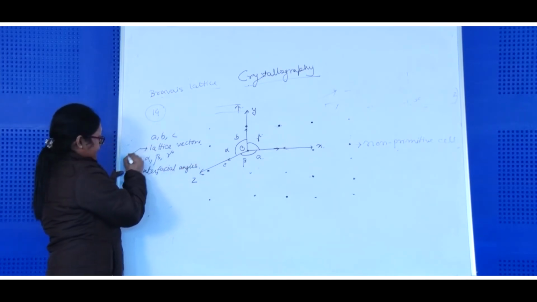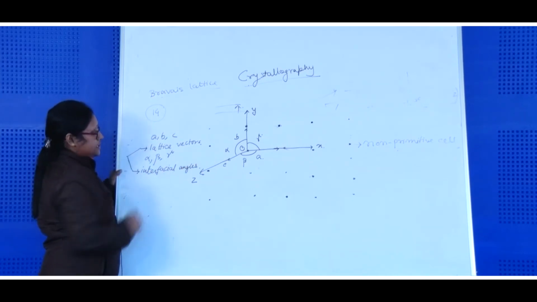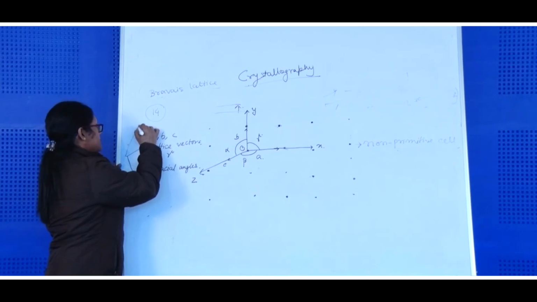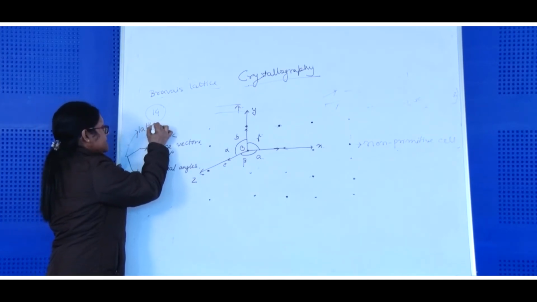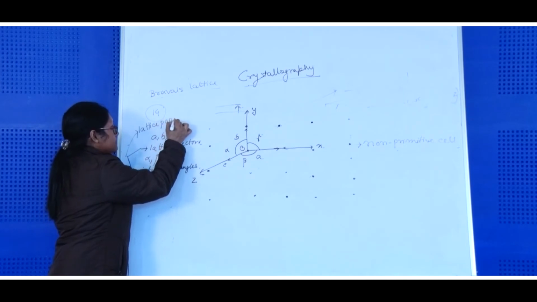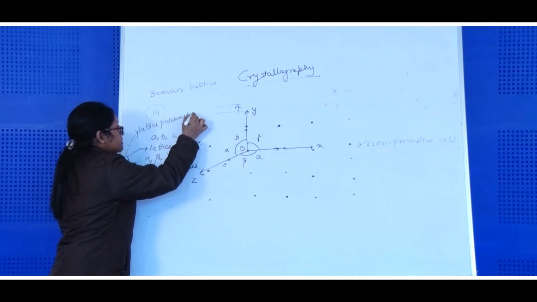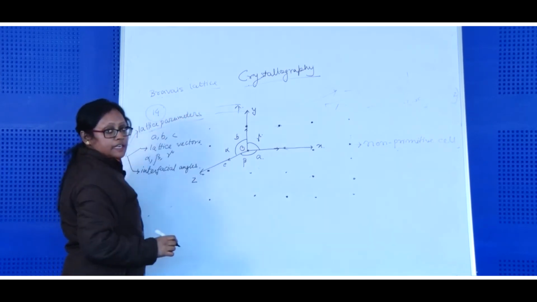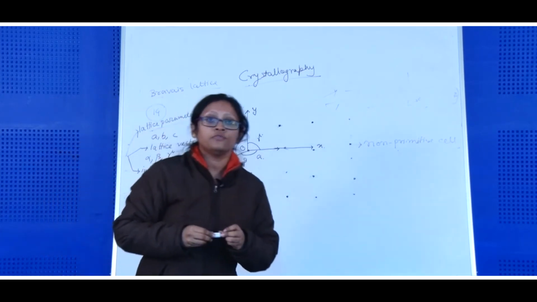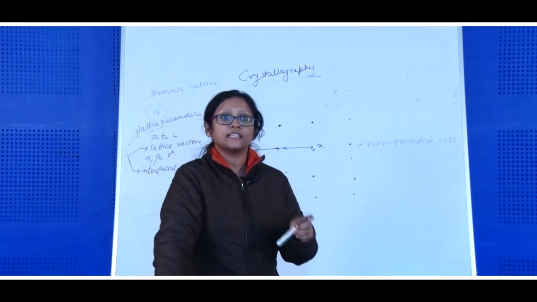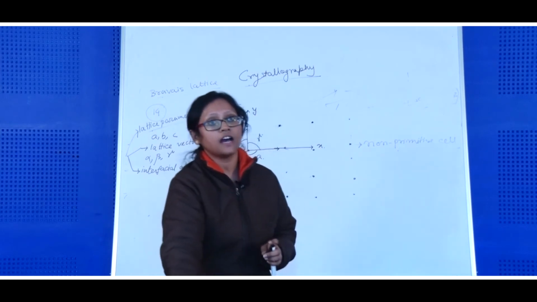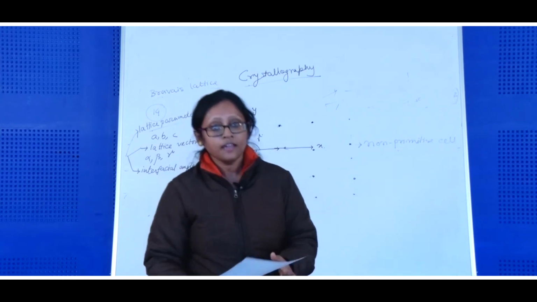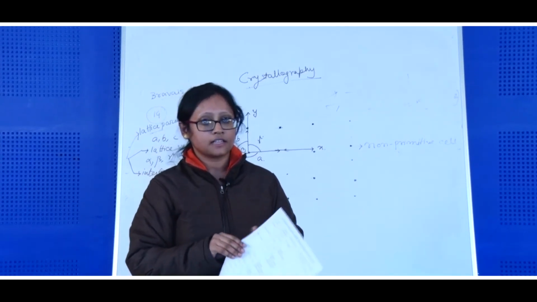Together, the lattice vectors and interfacial angles are termed lattice parameters. So depending on the values of the lattice parameters, that is, the relation between a, b, c and alpha, beta, gamma, we categorize the crystal structures.